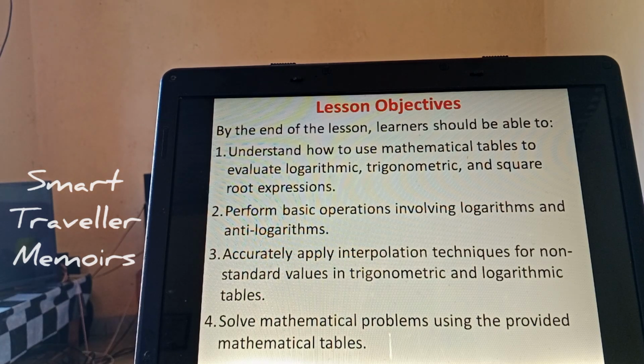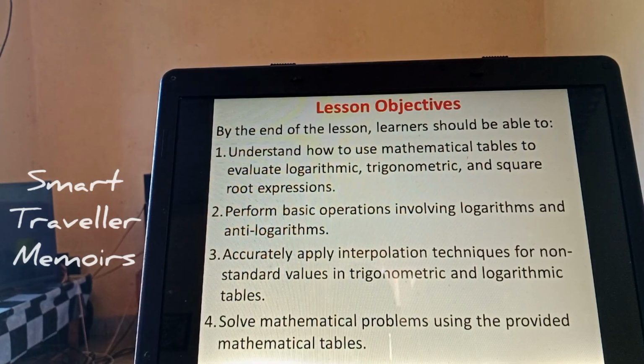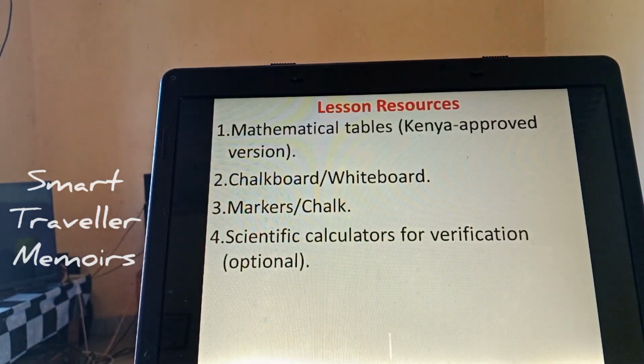Number 2, they should perform basic operations involving logarithms and antilogarithms. Accurately apply interpolation techniques for non-standard values in trigonometric and logarithmic tables. And finally, the last objective is they should be able to solve mathematical problems using the provided mathematical tables.